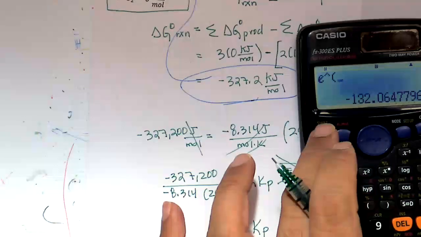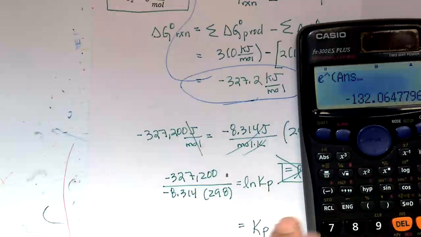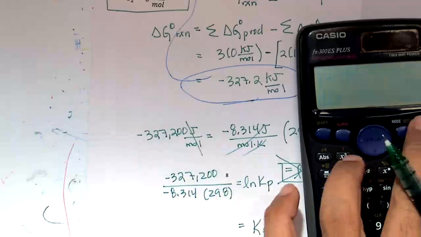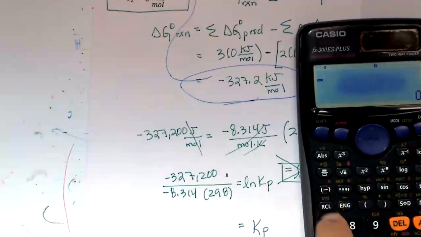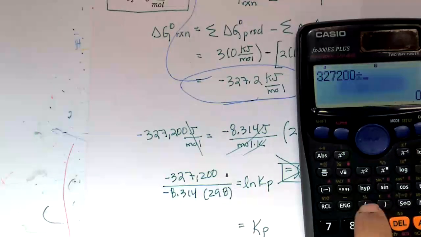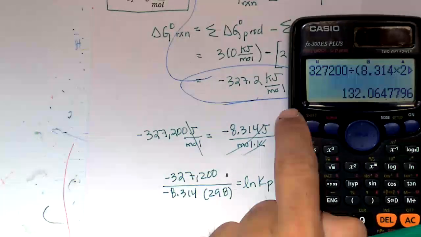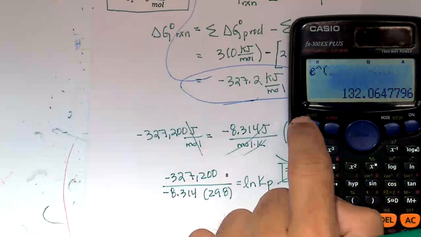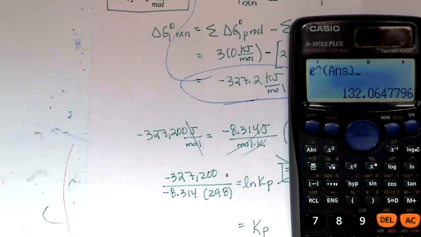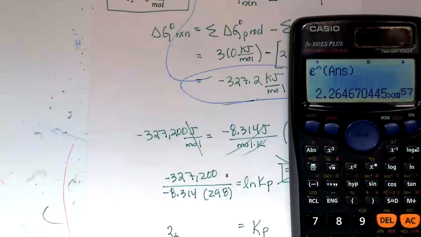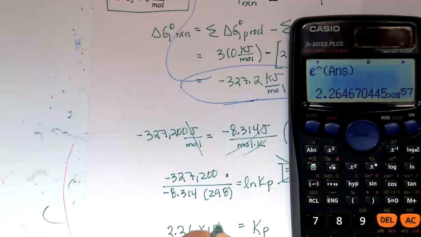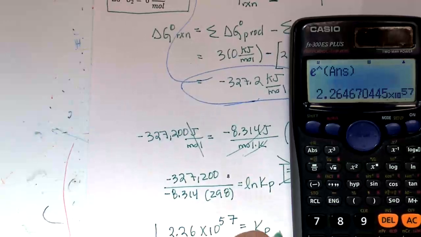I'm going to take the inverse natural log of that, which is E. Let me try this again here: 327,200 divided by 8.314 times 298, and then the inverse log of that, which is E. Inverse natural log is E. And yes, this is very, very large, 10 to the 57.